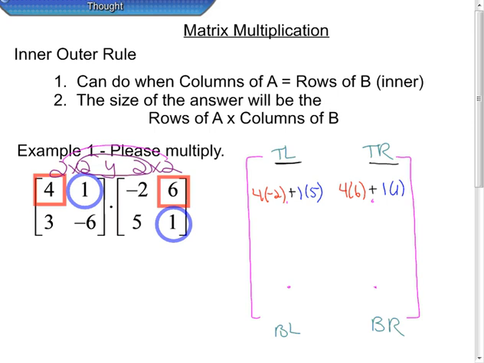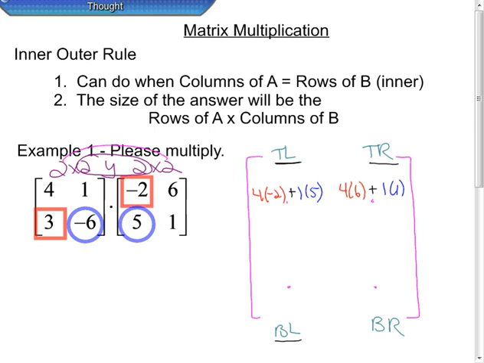And continuing on, if you're getting the hang of it, to do the bottom left entry, I'm going to use the bottom row of the first matrix and the left column of the second matrix. So again, I'm going to do 3 times negative 2 plus negative 6 times 5.